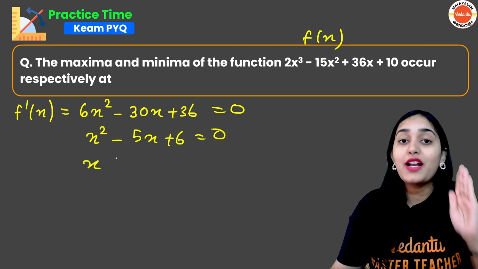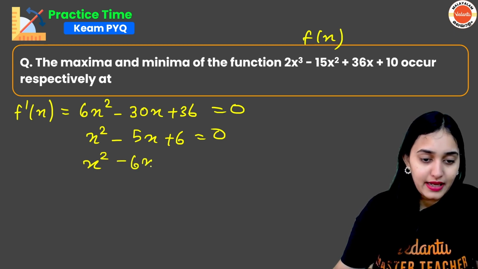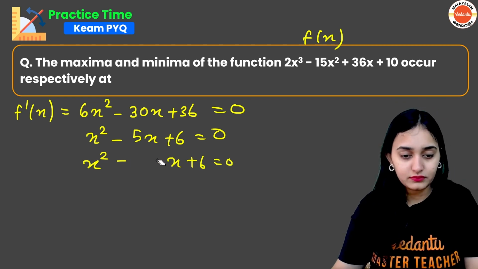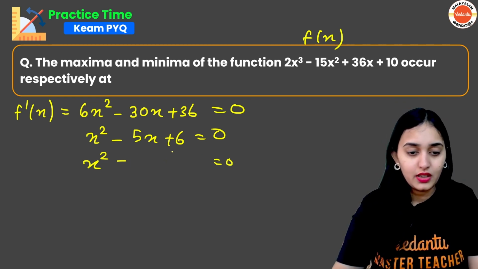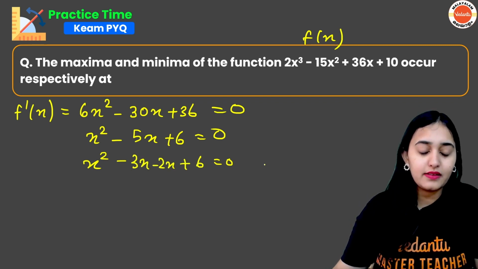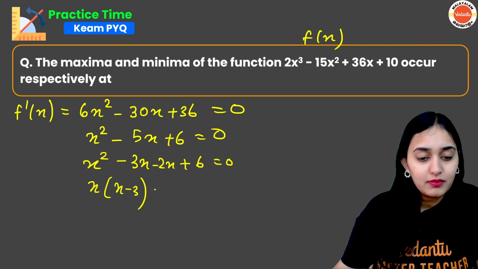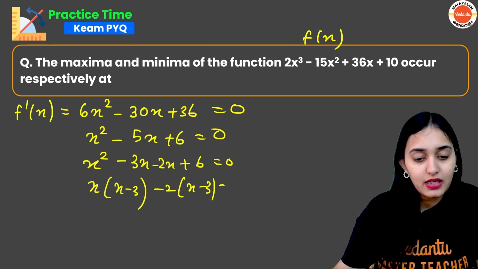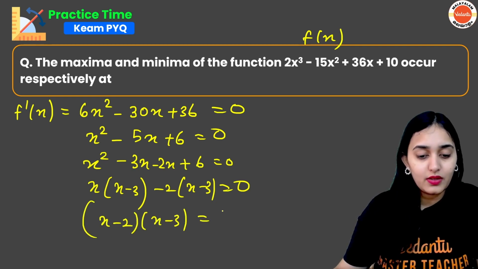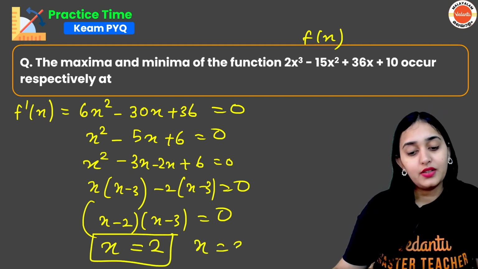So we will simplify quadratic equation x square minus 5x plus 6 is equal to 0. We will get minus 3x minus 2x plus 6 is equal to 0. So we have x common, x minus 3, minus 2 common, x minus 3 equals to 0. So x minus 2, x minus 3 is equal to 0. So x is equal to 2, x is equal to 3.